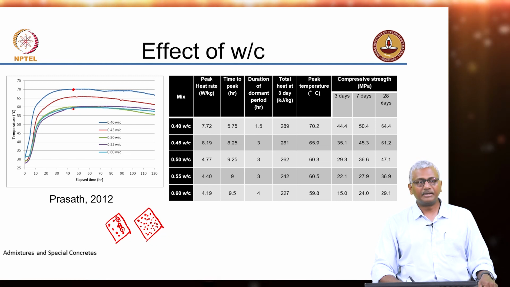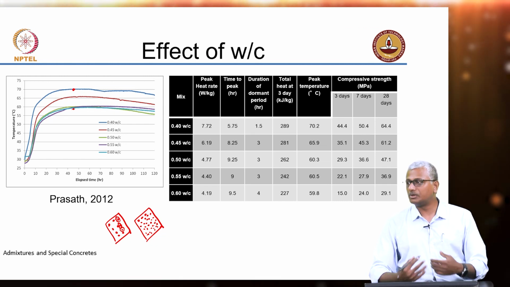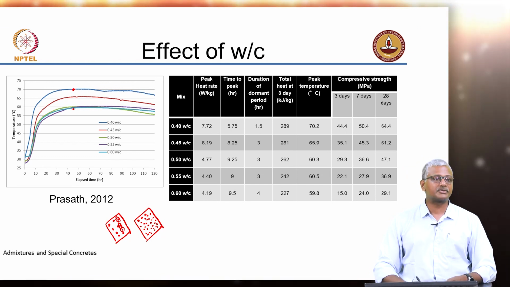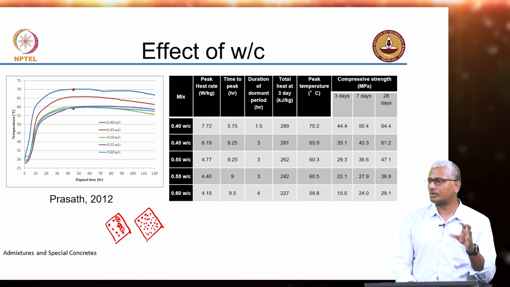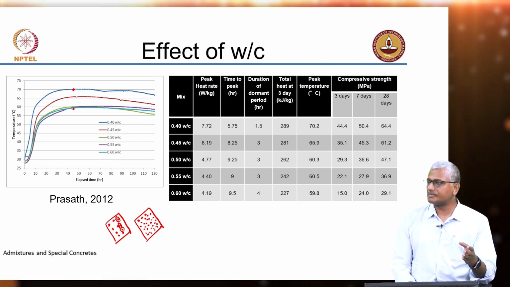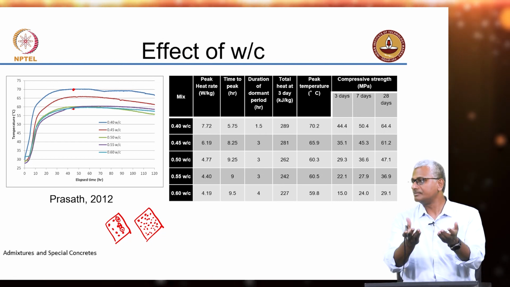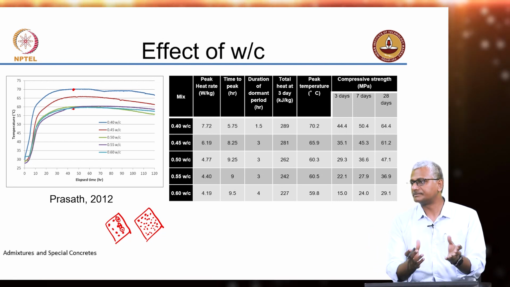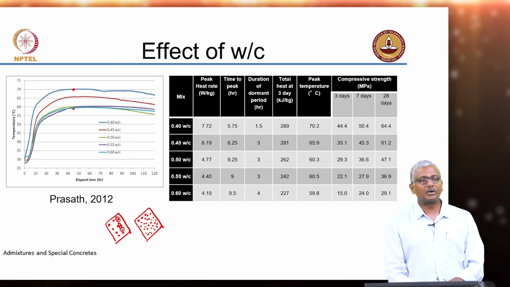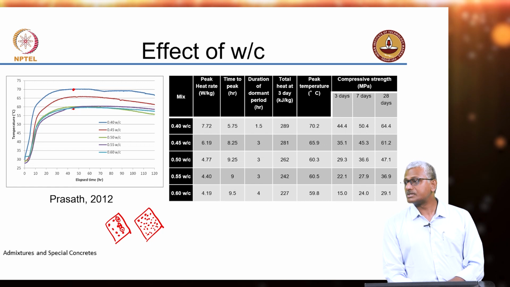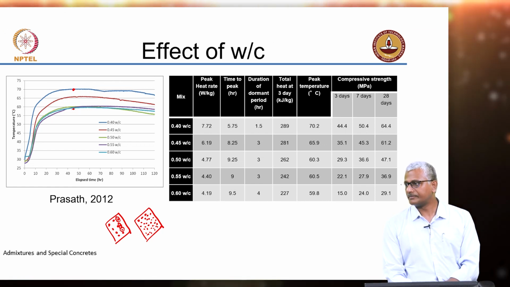Water, right? If you want to produce concrete to be placed at low temperatures, you will cool the water. That is the most efficient way, because water has the highest specific heat capacity of all the ingredients of your concrete. So, when you have a higher water cement ratio, there is more water available, so raising the temperature of the system requires much more heat to be given. So, generally when you lower water cement ratio, the temperature of the system goes higher than with higher water cement ratio. Okay.